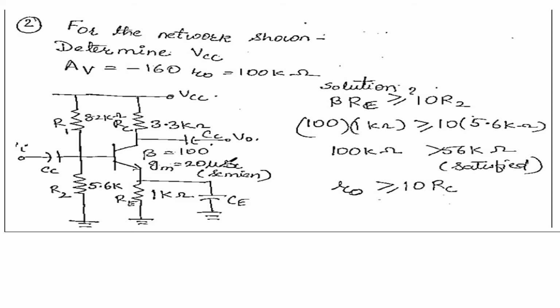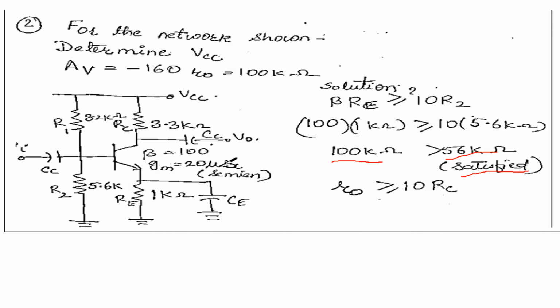So beta RE should be greater than 10 times R2. So here it is satisfying the relation, 100 kilo ohms is greater than 56 kilo ohms. So satisfying this situation and suggesting you that circuit is stable and can be operated as a common emitter amplifier.